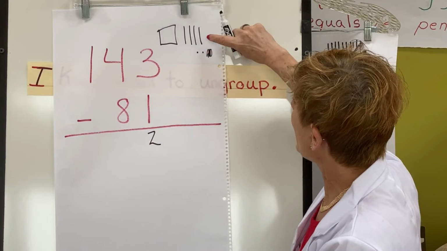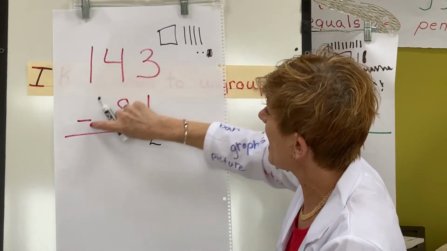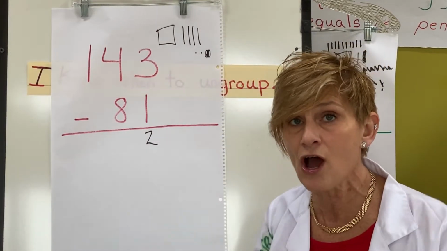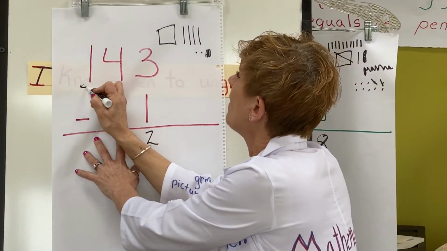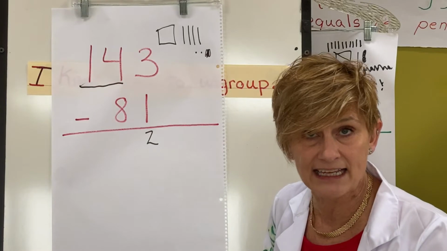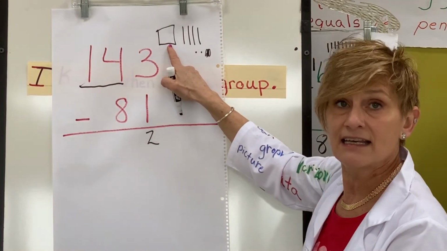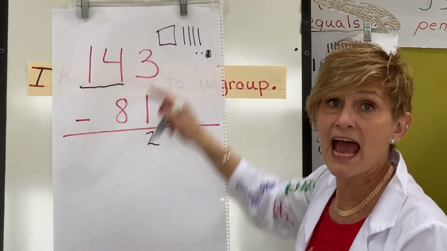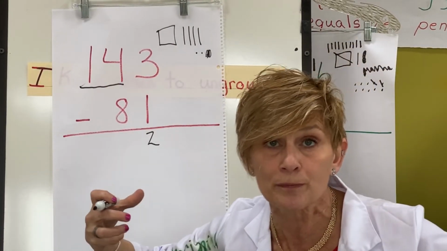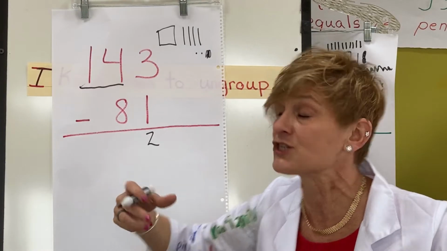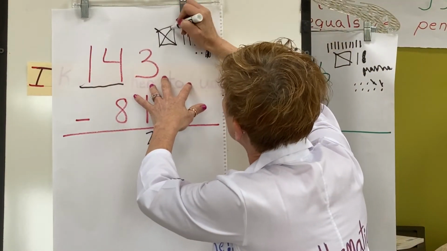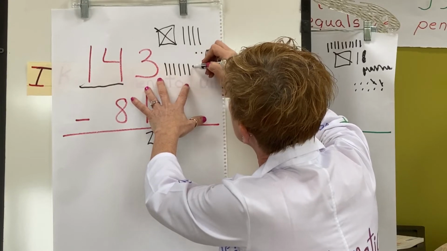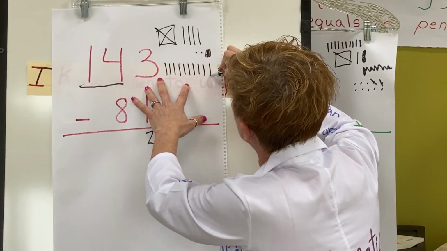But friends, here I am with 4 tens. Can I get 8 tens out of there? No, I can't. But I do know that I actually have 14 tens, because this 100 has 10 tens in it. I can ungroup that 100 if I need to, and break free all those tens. 10, 20, 30, 40, 50, 60, 70, 80, 90, 100.